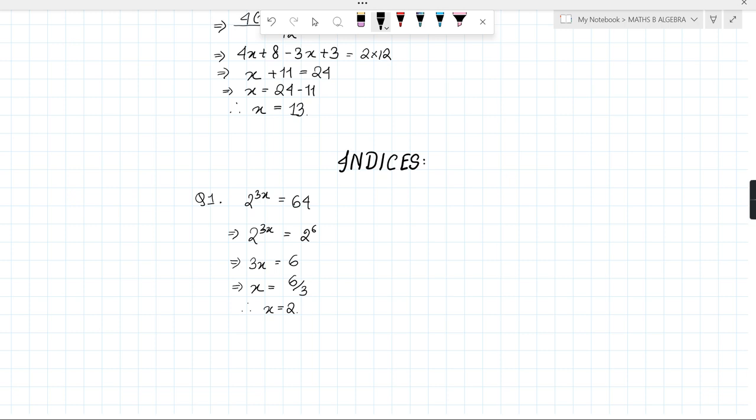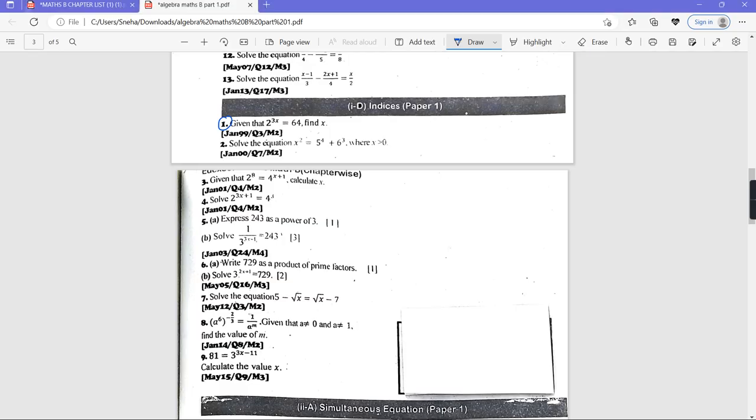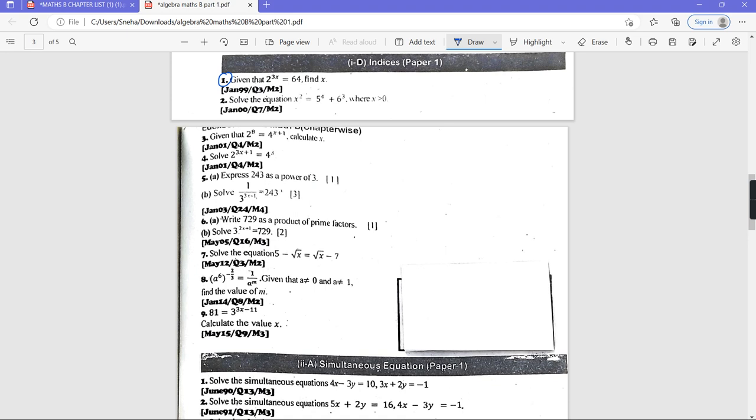Now this was a very easy question to work with. There will be trickier questions than this one. If I move to the second question, for example, maybe question number 5 from the PDF, it says express 243 as a power of 3. So obviously we can express 243 as a power of 3. For example, 3 power 5 gives you the value for 243, right?